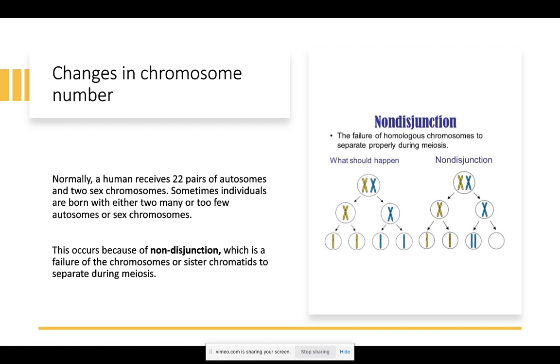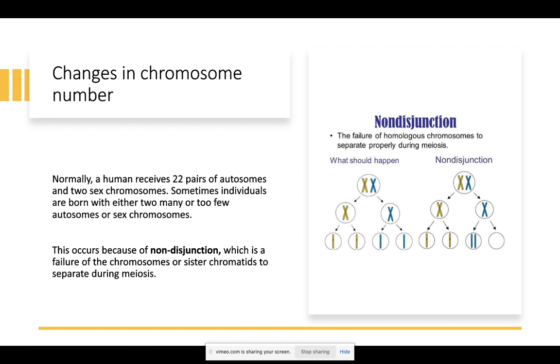So there's actually a phenomenon called non-disjunction. And non-disjunction, the definition of it, is failure of the homologous chromosomes to separate properly during meiosis. And as you can remember from the previous lecture, we talked about chromosomal separation. We talked about the law of independent assortment and the law of segregation, how the chromosomes will separate during meiosis. So what happens is you have a failure of separation of these homologous chromosomes.